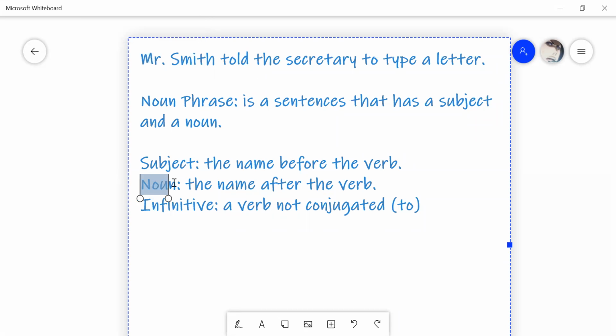Then we have the noun, which is the secretary. And the noun is after the verb, as you can see. And then we have the infinitive, which is to type. And we recognize it very easily because we see the particle to in here. Okay?